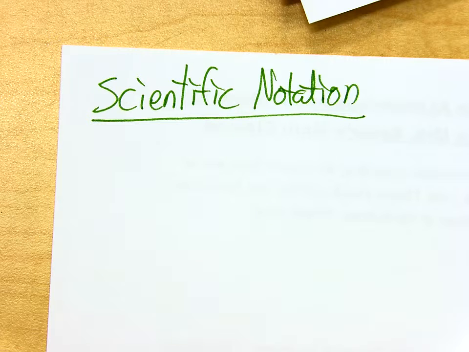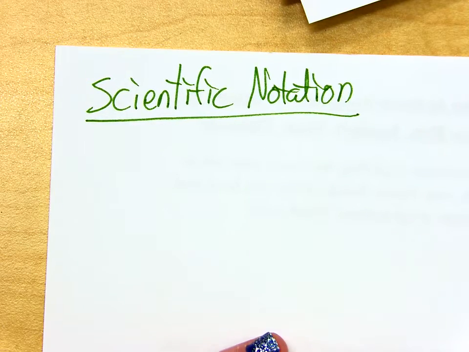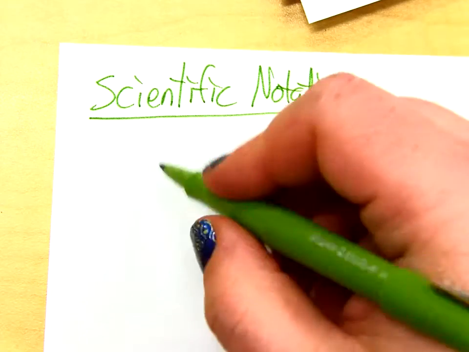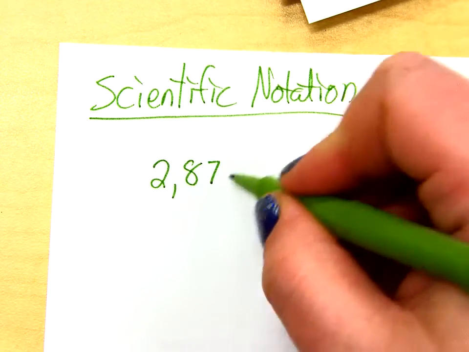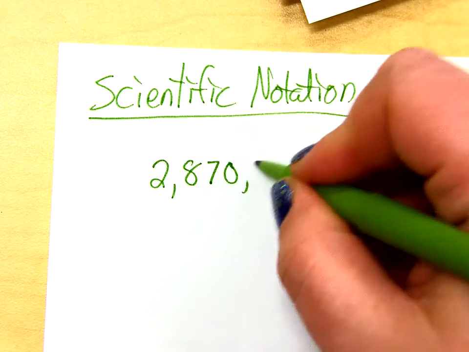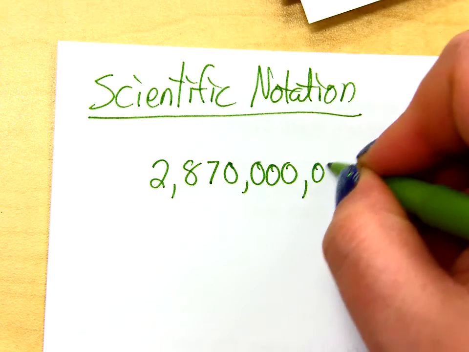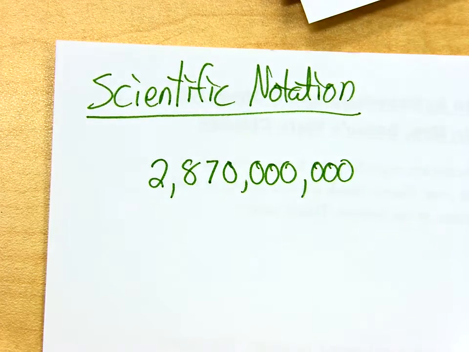Okay, so today we're talking scientific notation, which, if you aren't aware, is a way for us to express a really large or a really small number concisely. Let's say that you're filthy rich and you had that much money in your bank account.